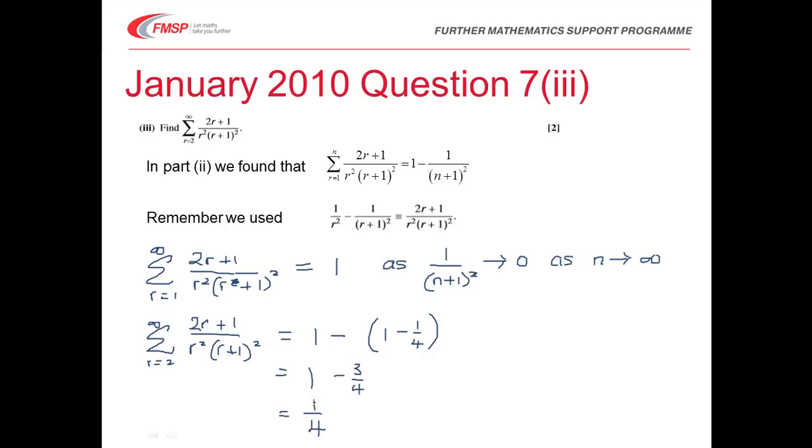So in this particular case, as far as the 2 marks are concerned, you've got 1 mark for getting the sum to infinity, and you've got 1 mark for finding the sum from r equals 2 to infinity, a quarter.